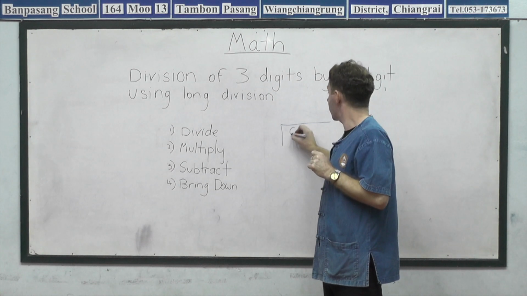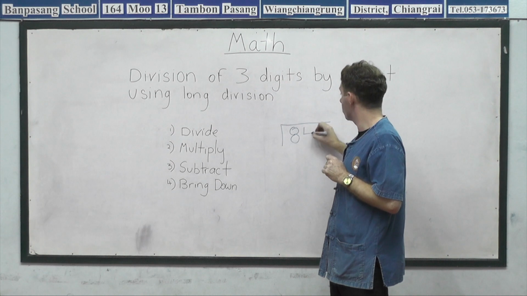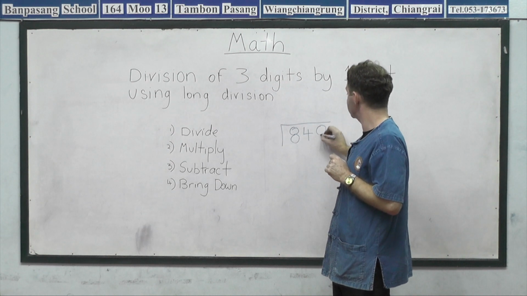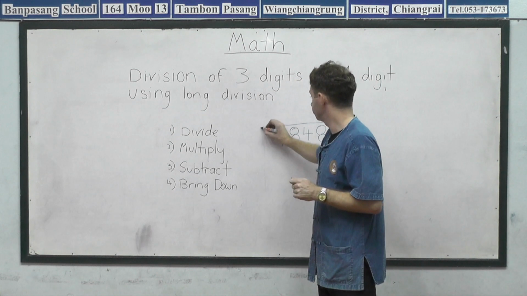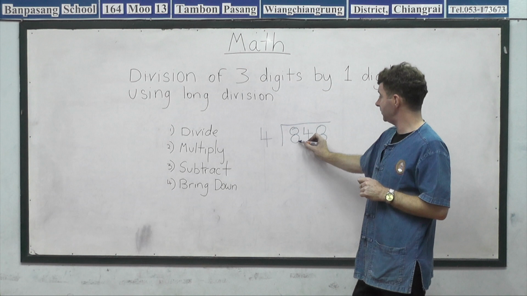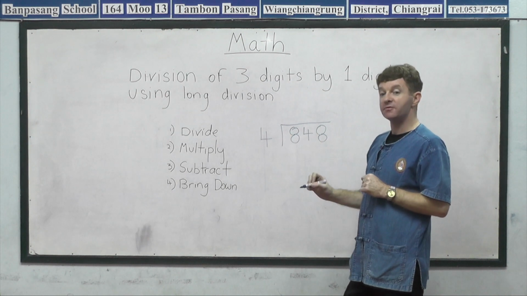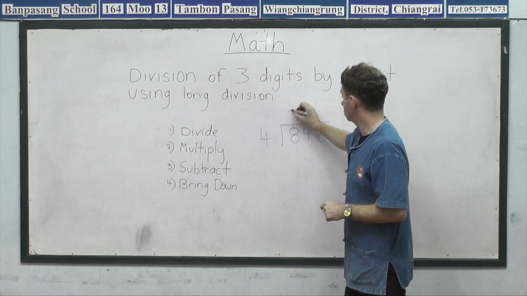348 divided by 4. Okay, 848 divided by 4. So let's begin. 8 divided by 4 equals 2.